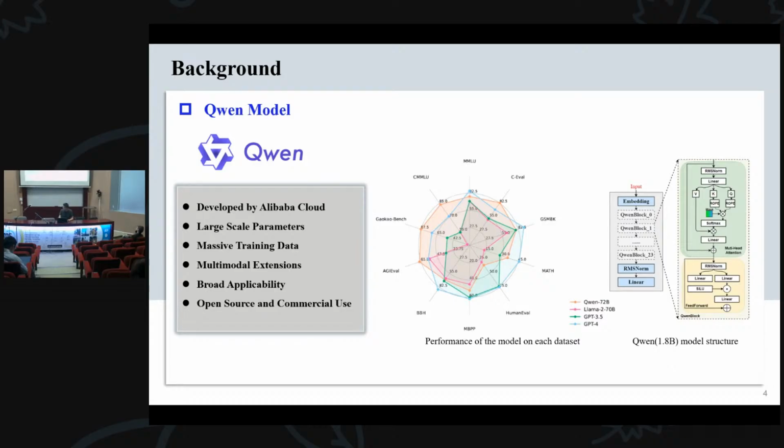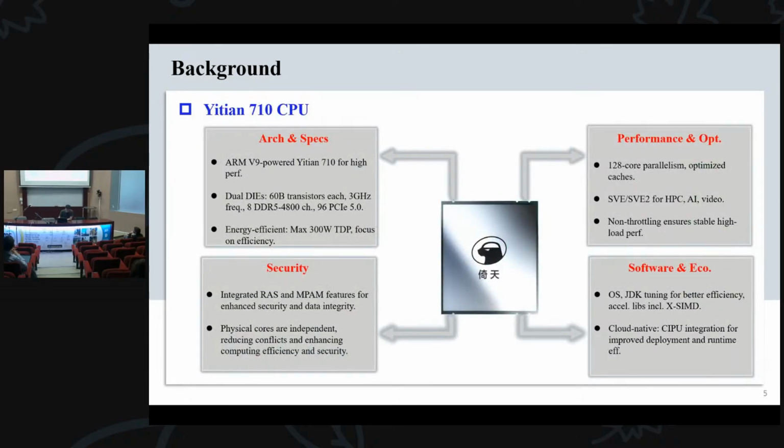On the right is the block structure. It contains embedding layers, several Qwen block layers, RMS normalization layers, and linear layers. For the hardware platform, we choose the Cortex-A710 CPU, which is based on the ARM v9 architecture.